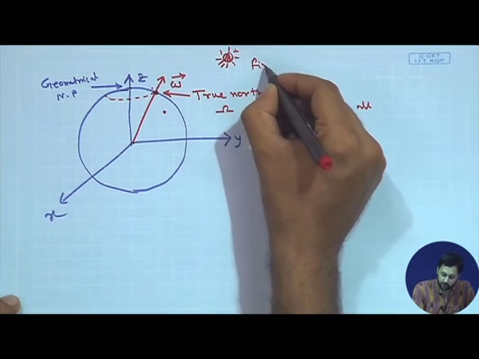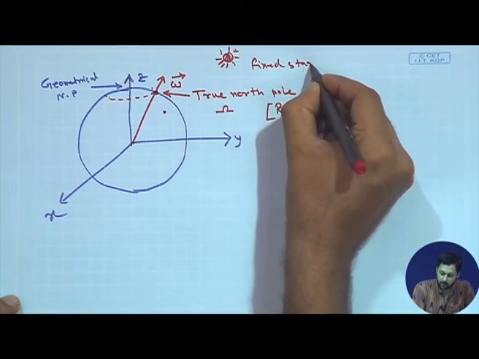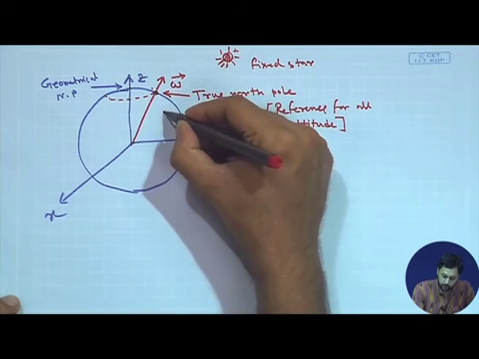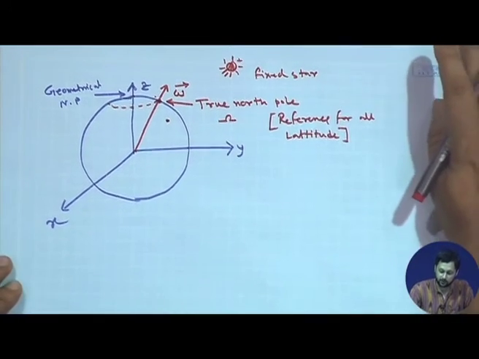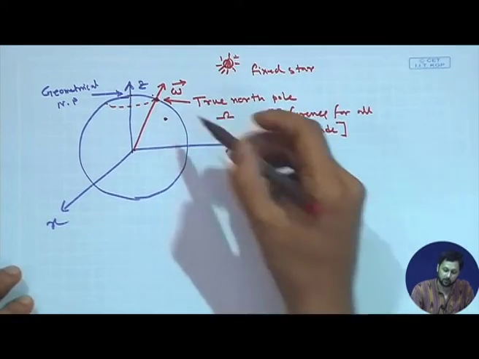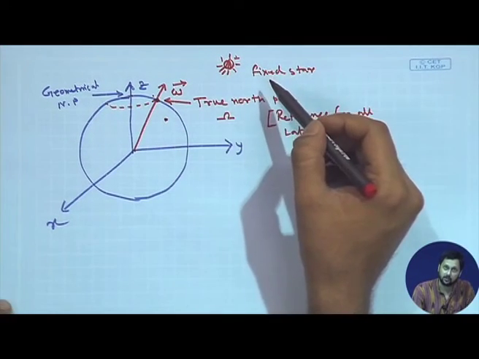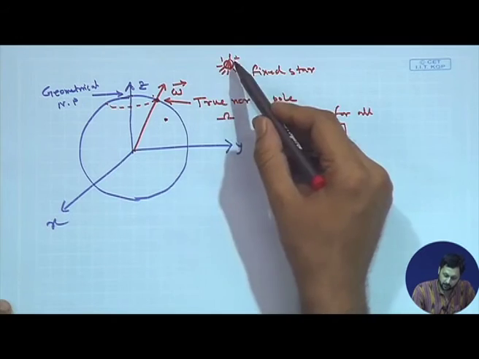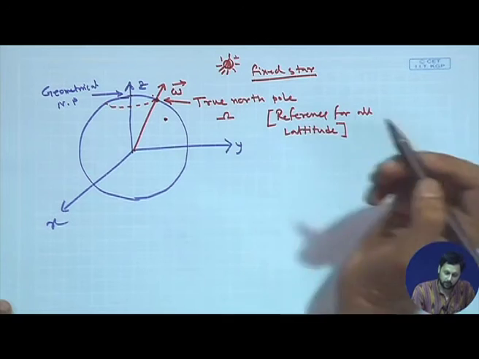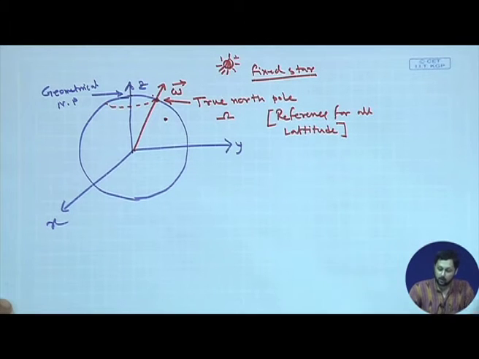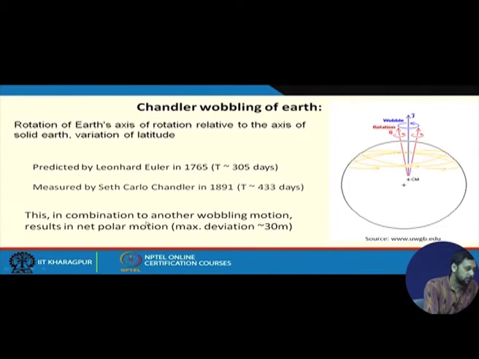So, let us say this is my fixed star, and if I try to measure the latitude, there are ways of doing it. Even in ancient days there were pretty accurate instruments by which you can measure the latitude. So, if we measure this with respect to a fixed star, that will give you the variation of the north pole, right. Now, it turned out his measurements were pretty accurate, and he measured a period of 433 days.